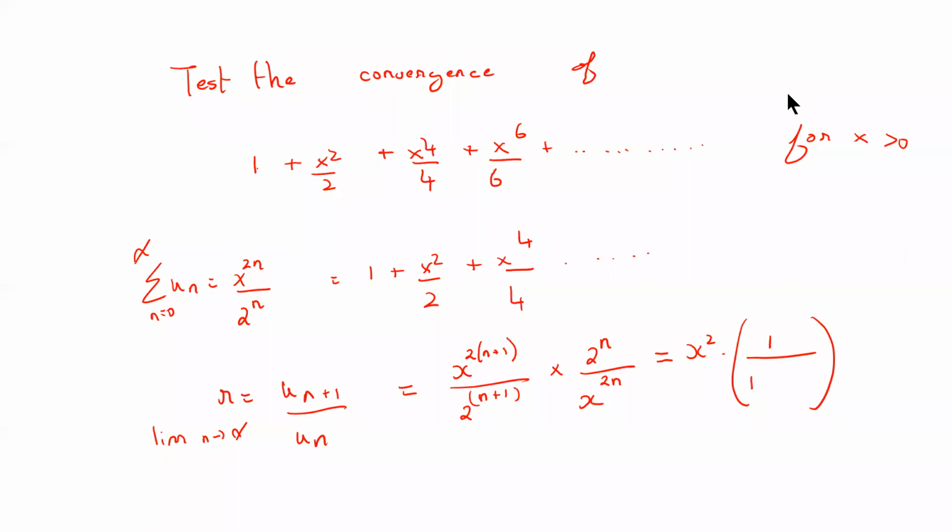We are told x is greater than 0. So I might write the result here itself. r is converging when x lies between 0 and 1.